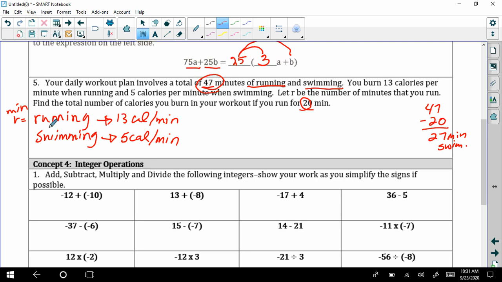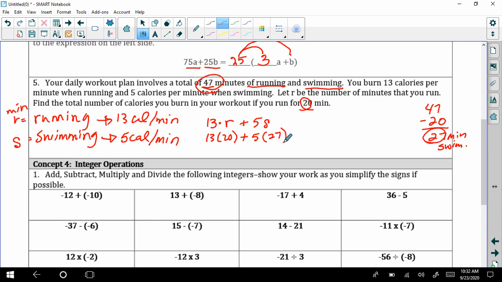So I've got running, R. I know that it's 13 calories per running plus 5 calories per, let's call it swimming S. Okay, so running is a total of 20 minutes, so 13 times 20 plus 5 times my swimming is 27.